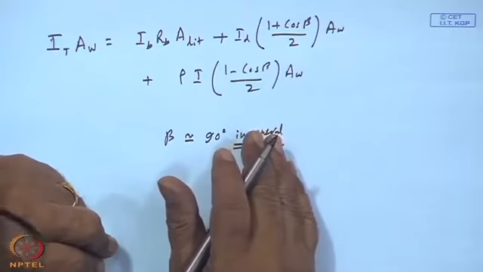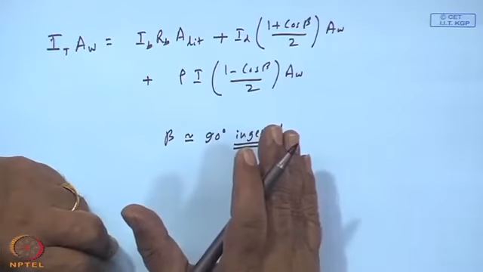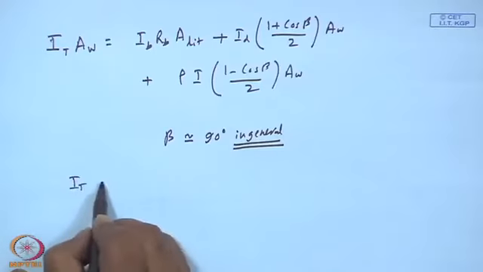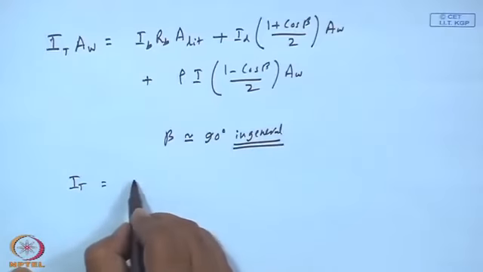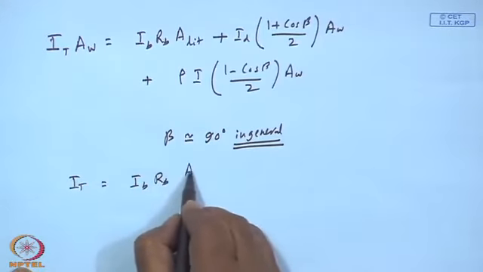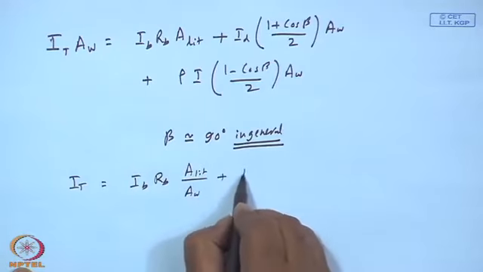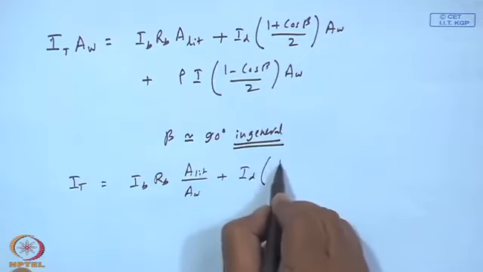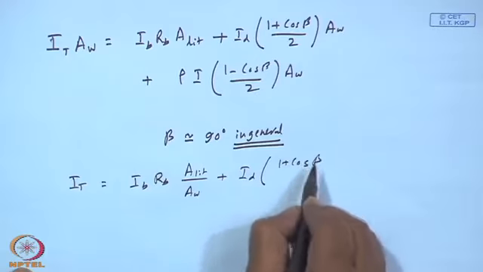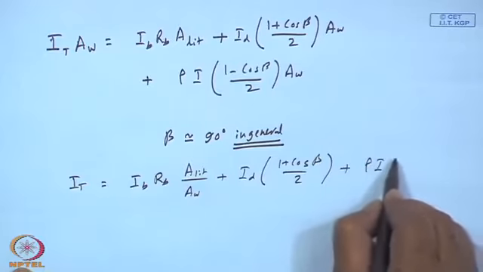There are quite a few architecture buildings where the window or the glass frames are not at 90 degrees, they are at a particular angle. So, if I try to calculate IT per unit area of the window, that will be equal to IB RB A lit by AW plus the diffuse component plus the ground reflected component.